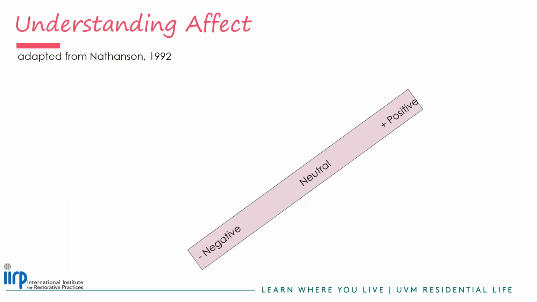Next, when we think about understanding shame and affect, we think about what is the emotion. Think about the emotional aspect of being in the RA role or in general. Nathanson and Tompkins, even though Tompkins is not on this slide, postulated that humans are born with 9 innate affects.